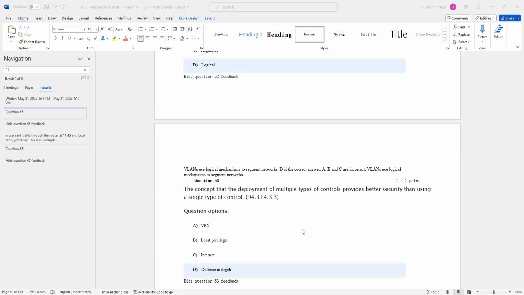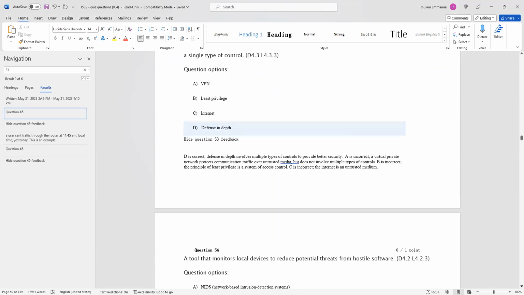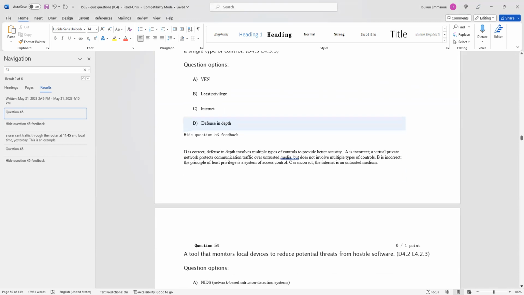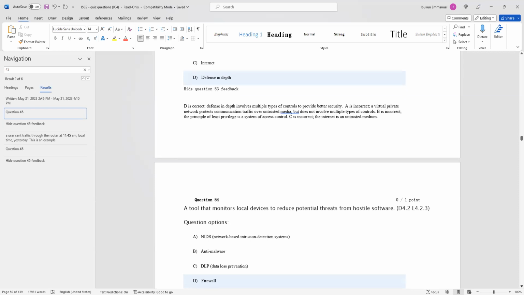So I'm just trying to make sure that we actually understand the reasons why some of these responses are wrong. A tool that monitors local devices to reduce potential threats from hostile software is what?